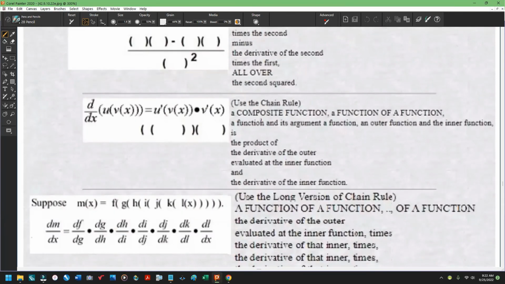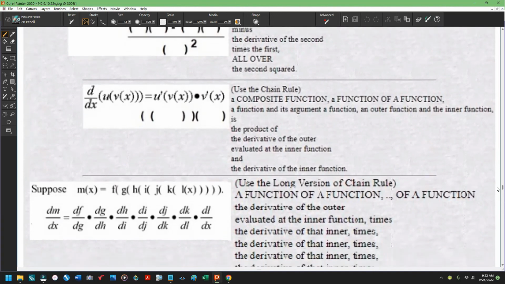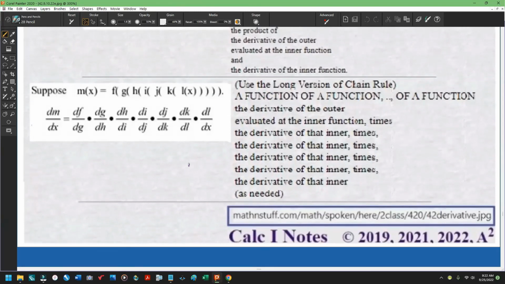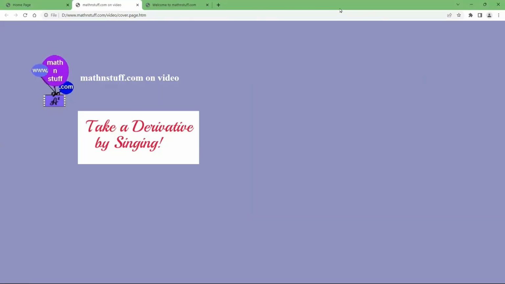For the composite function, the derivative of the outer evaluated at the inner times the derivative of the inner. And for a longer chain rule, the derivative of the outer evaluated at the inner times the derivative of that inner times the derivative of that inner, and so on.